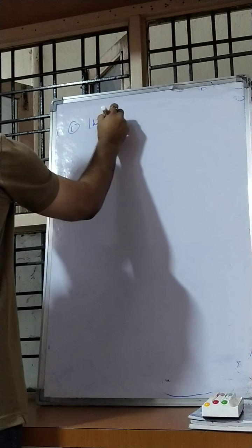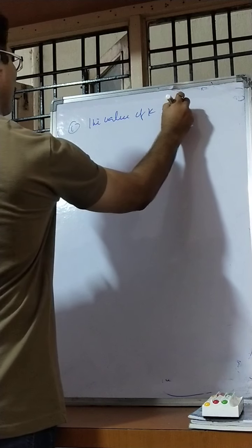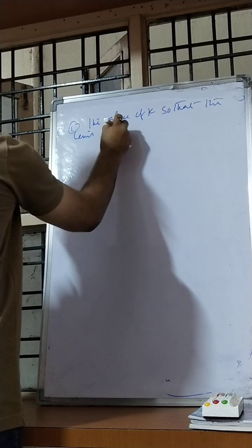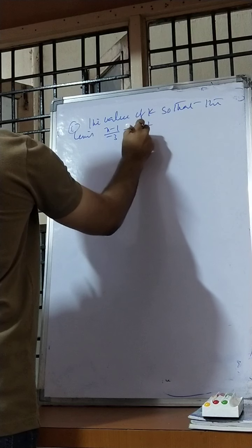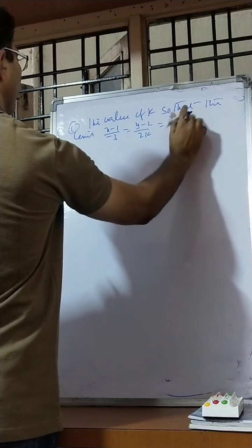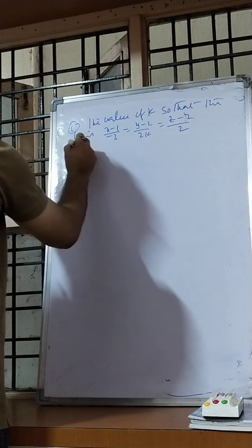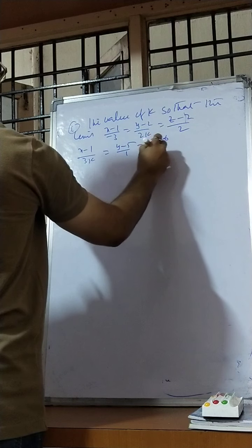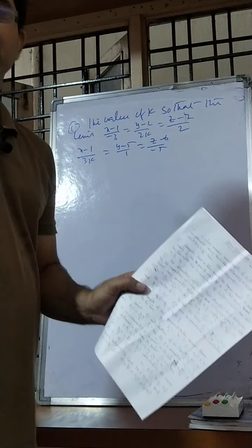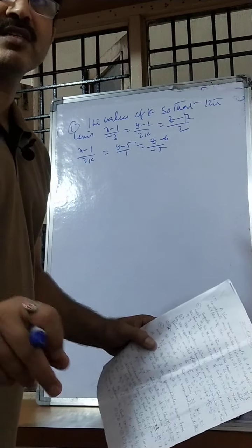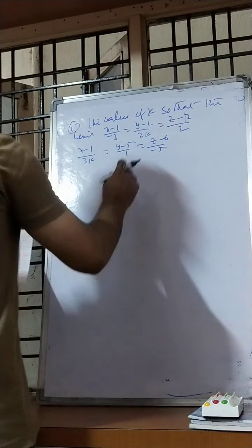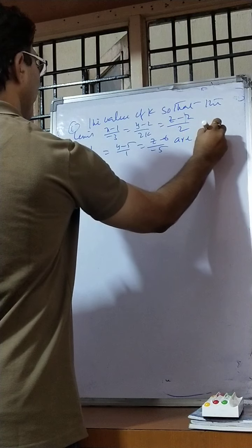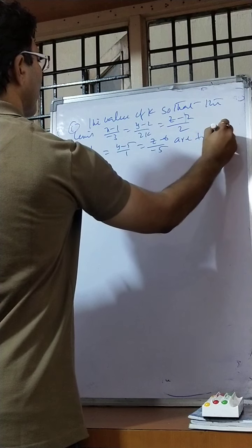Find the value of k so that the lines (x minus 1)/(minus 3) = (y minus 2)/(2k) = (z minus 2)/2, and (x minus 1)/(3k) = (y minus 5)/1 = (z minus 6)/(minus 5) are perpendicular to each other. I am doing this to boost your confidence level.